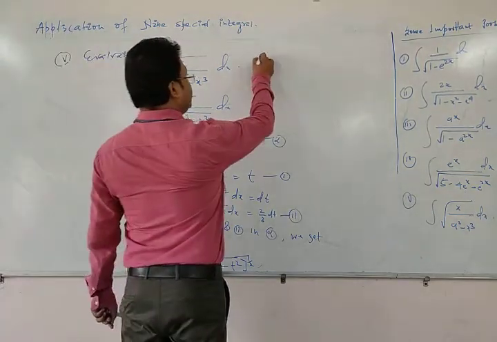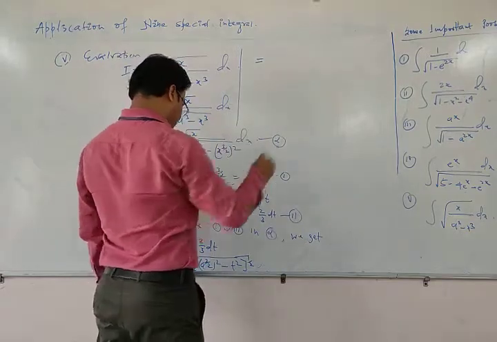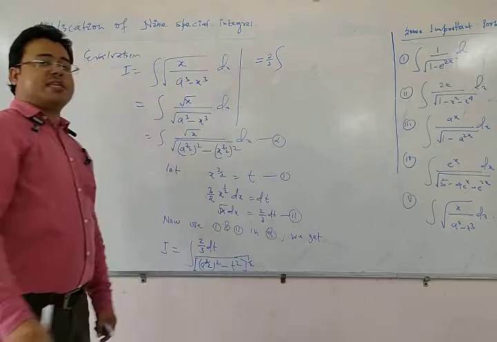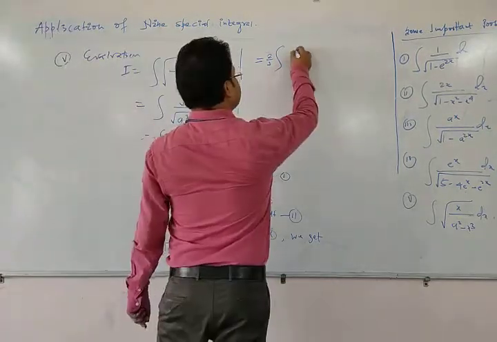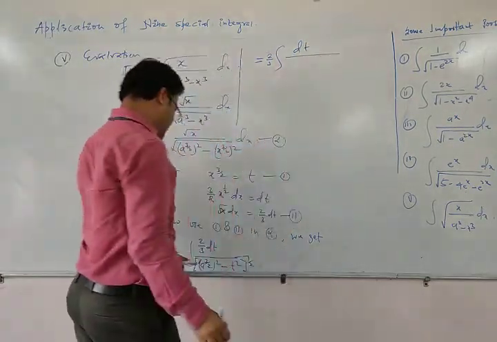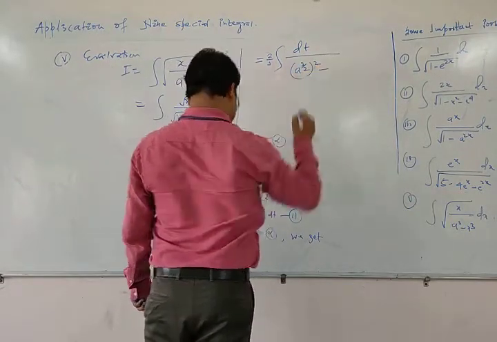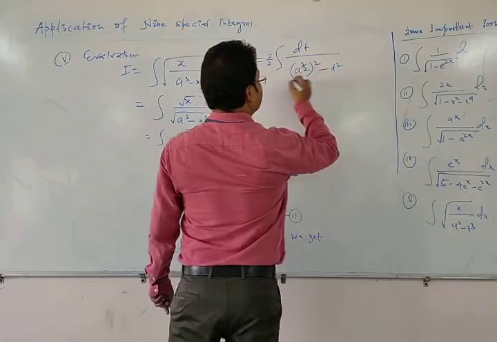You can write this is equal to 2 by 3, which is a constant, so you can take out this constant term outside the sign of integration, and this is equal to dt upon square root of a to the power 3 by 2 whole square minus t square.